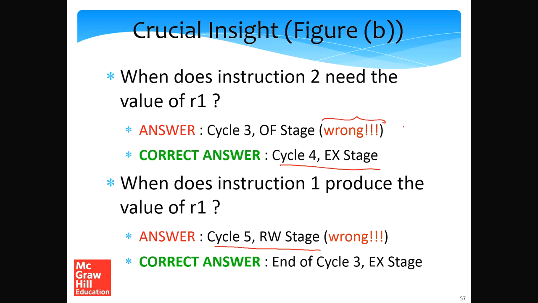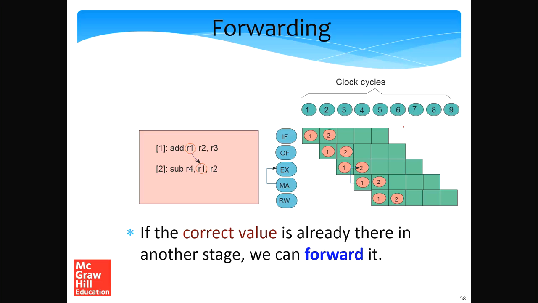So what we shall do is take a look at this diagram once again and realize that at the end of cycle 3, the first thing we need to realize for this code snippet is that the value of R1, which is the result when we add R2 and R3, is ready. So in cycle 4 at the beginning, the result is ready.